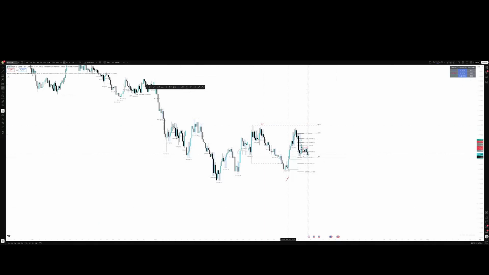First reason, when this was flying up, we failed to make a low. So any technical trader looking at this price action sees this as SMT because this failed to break low.